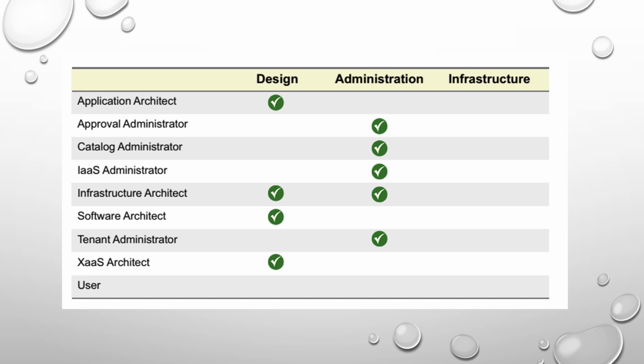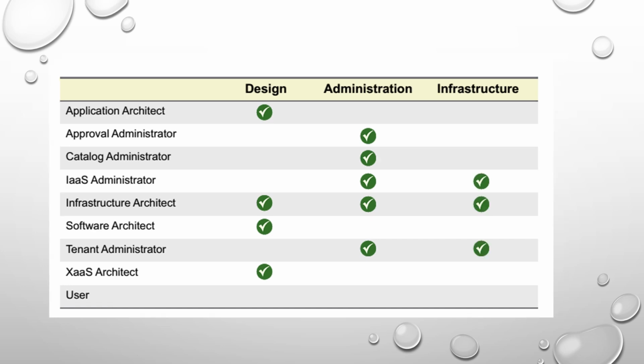The administrator tab is visible to users who need to administer various components of VRA. The infrastructure tab is only available to roles that administer the system configuration of VRA. It is only fully available to the IaaS admin.